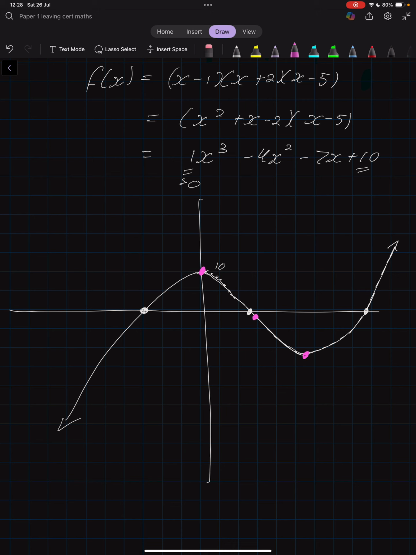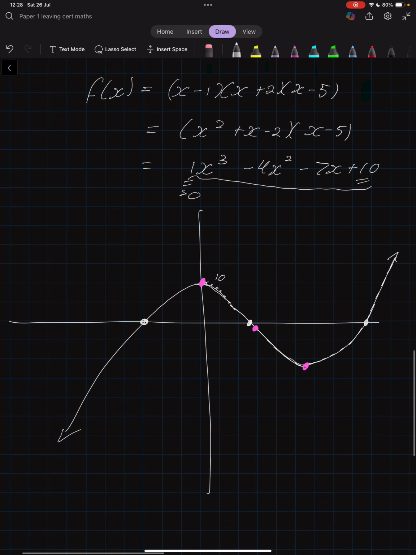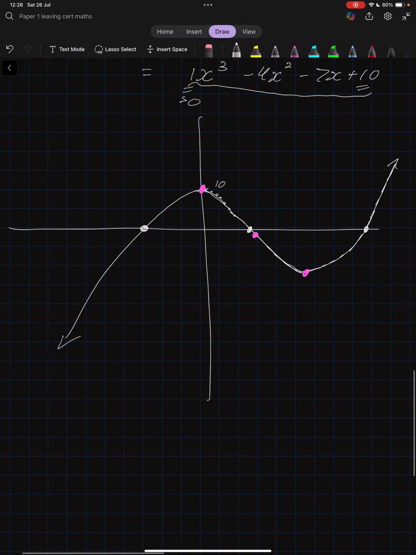Okay? So first of all, let's figure out where is my point of inflection. Okay? So your point of inflection is f prime prime equals 0. So first of all, f of x is going to be x cubed minus 4x squared minus 7x plus 10.